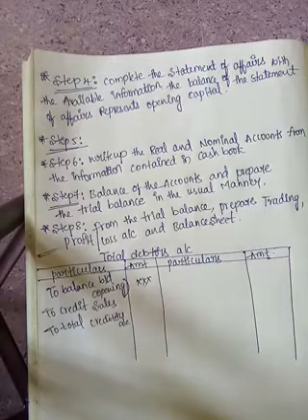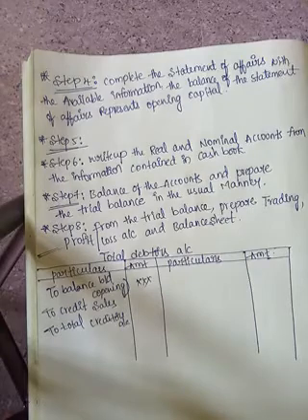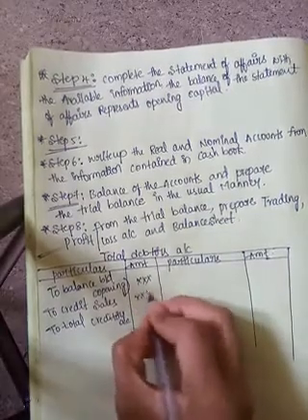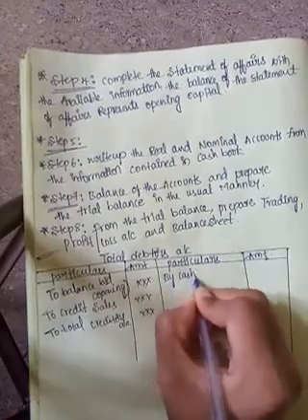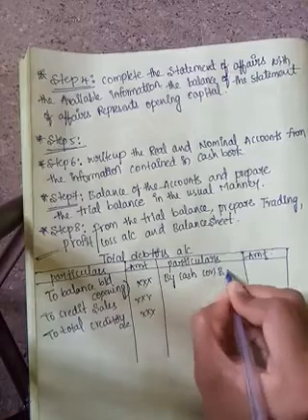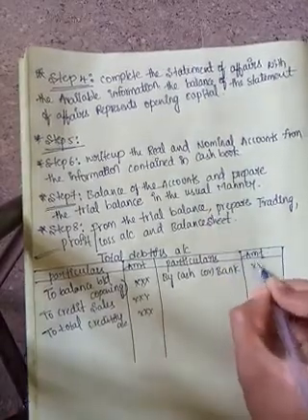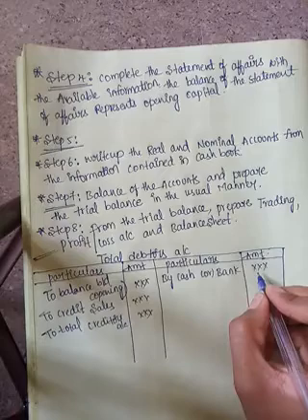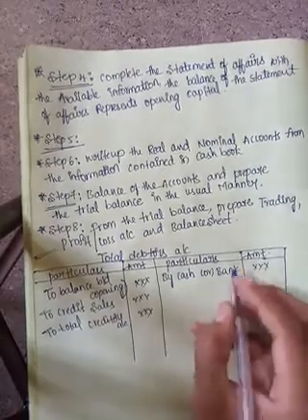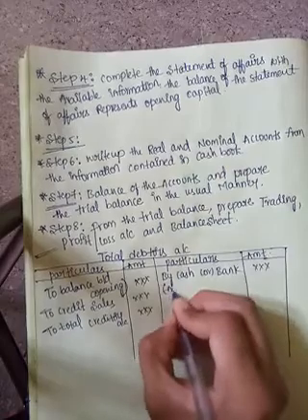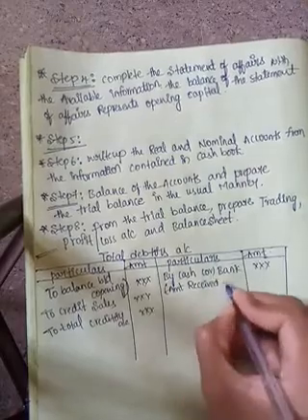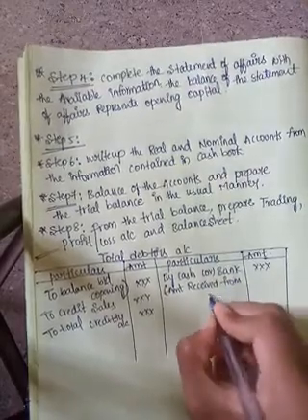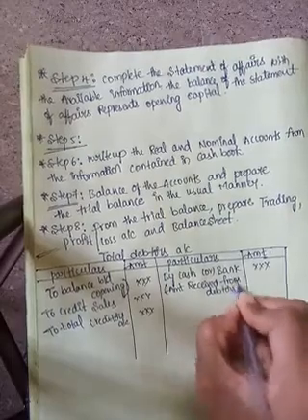The next is by cash or bank. By cash or bank is the amount received from debtors.